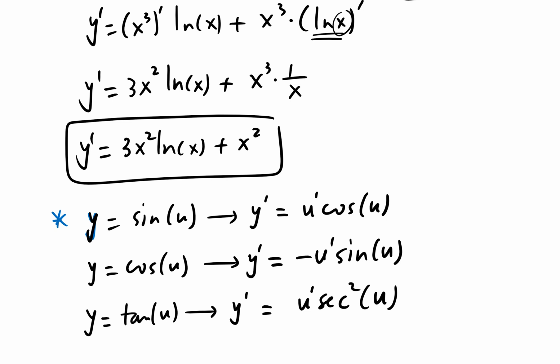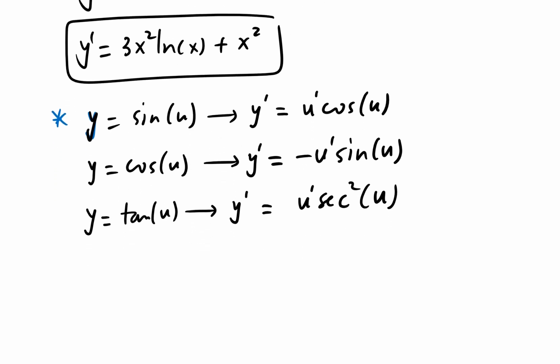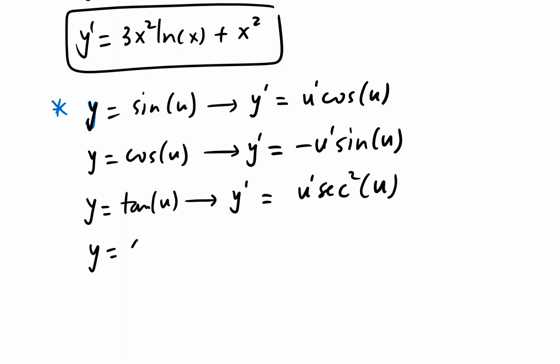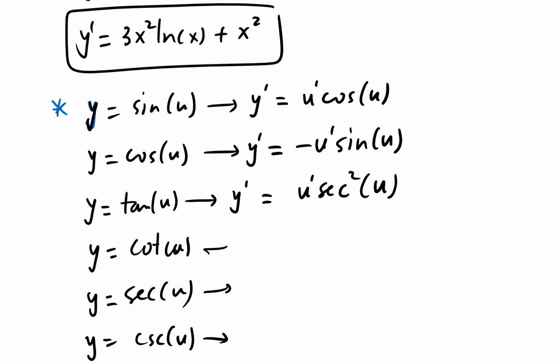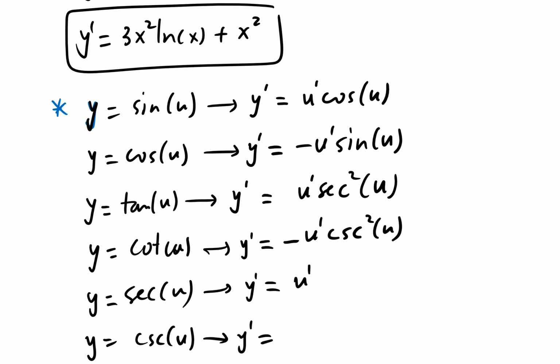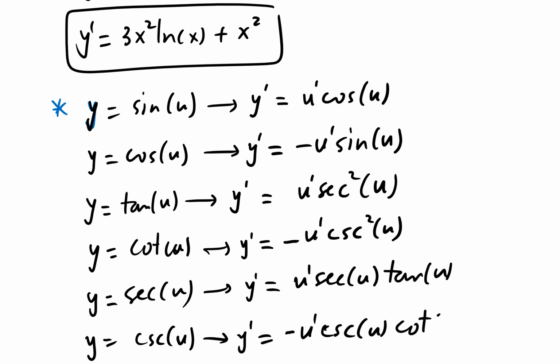The more you practice on this, the better for you. We're going to do also cotangent u, and we're going to find secant and cosecant. The derivative of cotangent is negative u prime cosecant squared u. The derivative of secant is u prime secant u tan u. And the last one is negative u prime cosecant u cotan u.